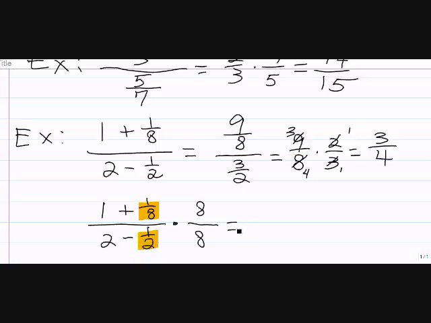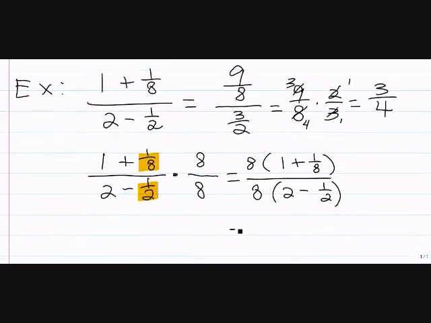I'm going to do this one step at a time. So I'm going to multiply this by 8 over 8. I'll multiply the numerator by 8. So that's 8 times 1 plus 1/8 over 8 times 2 minus 1/2. All right. 8 times 1 is 8. 8 times 1/8, let me do that over here on the side. 8 over 1 times 1 over 8.